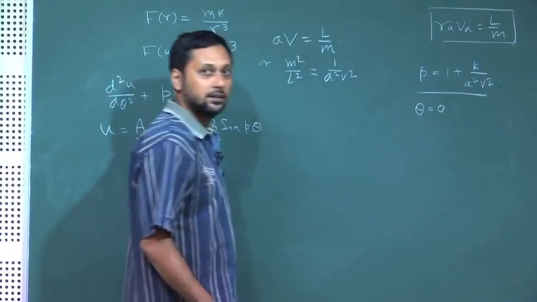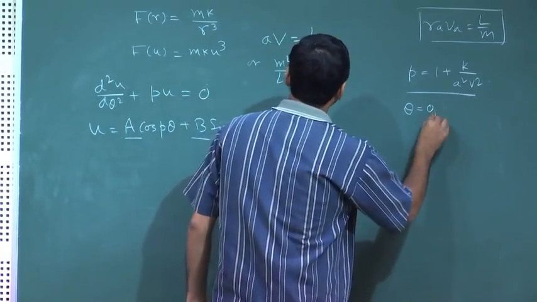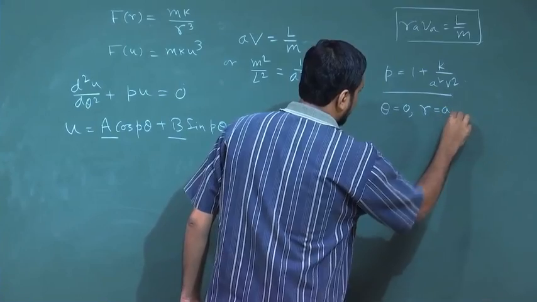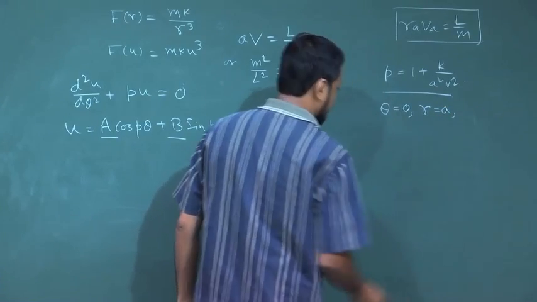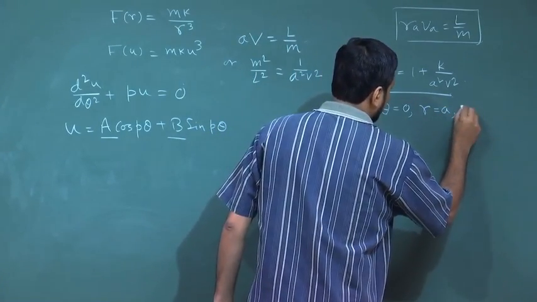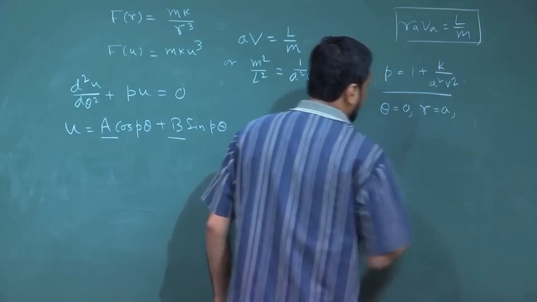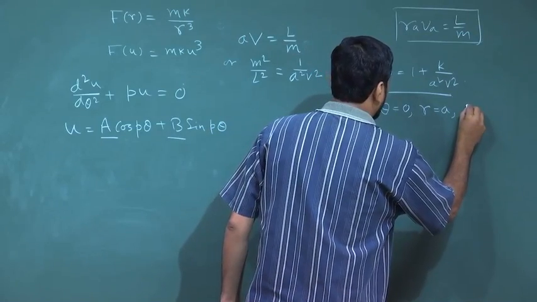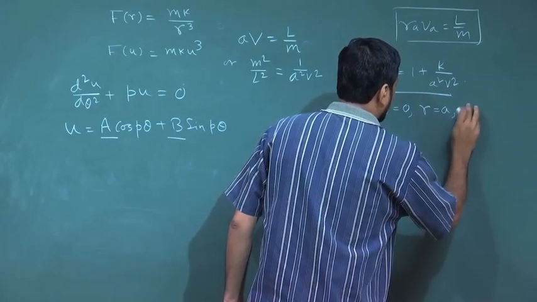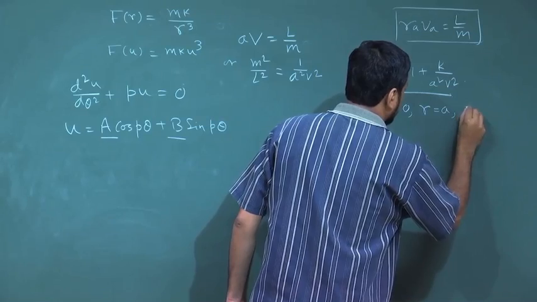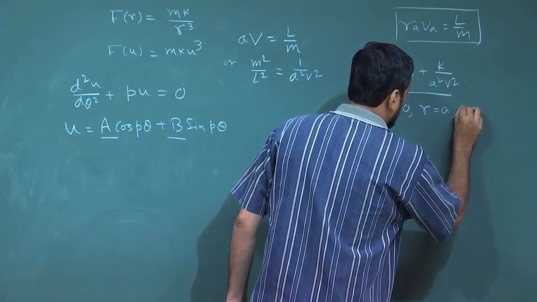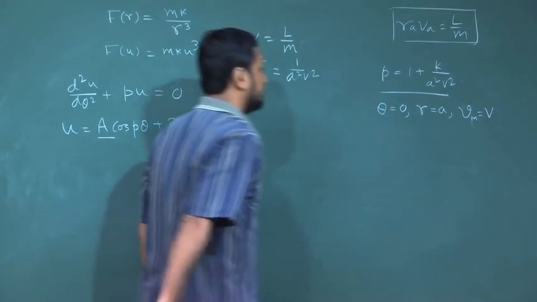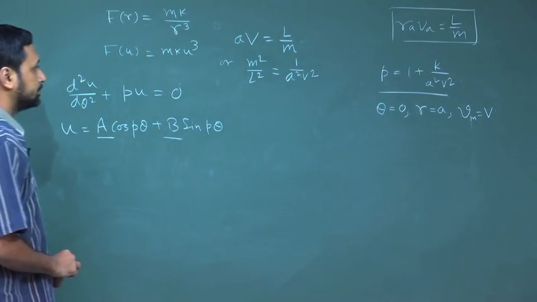So, the initial condition is theta equal to 0, r equal to A, and at an apse the initial velocity, we will just call it V initial, is equal to V, right.